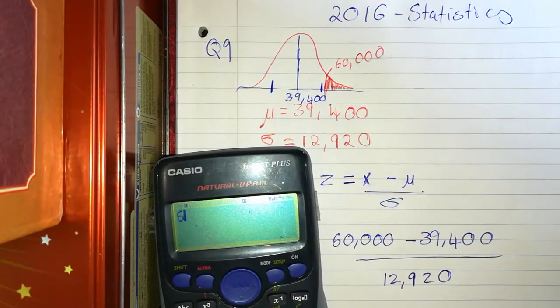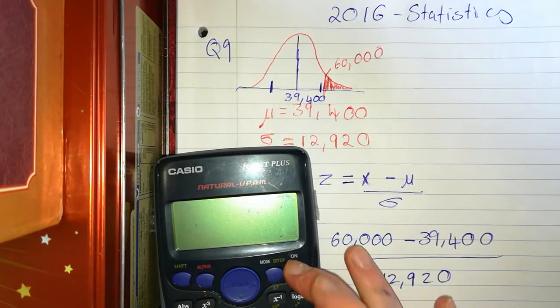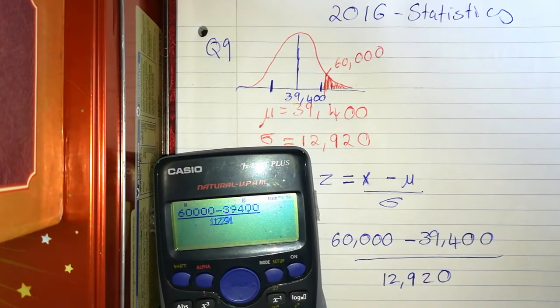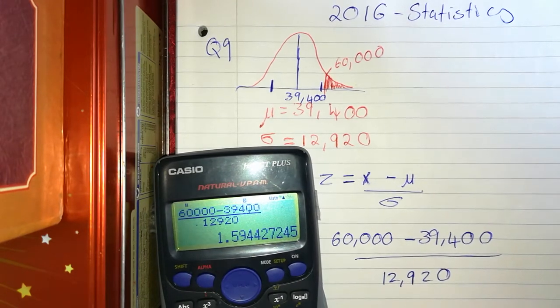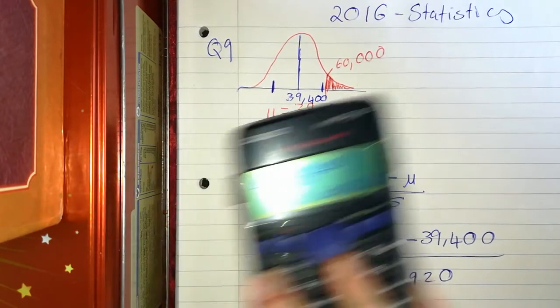So 60,000 minus 39,400, divided by 12,920. And that's equal to, so our Z value is equal to 1.59. I just rounded to 2 decimal places.